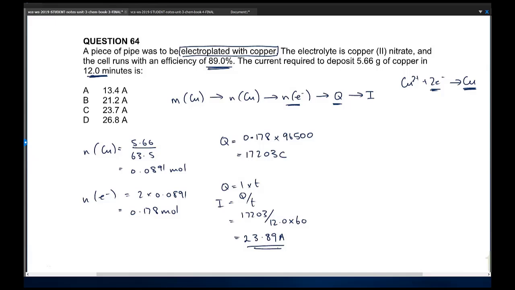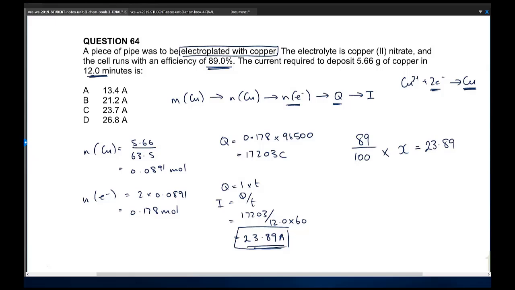Okay, so you have to think carefully. I already know what my end product is. I need the 5.66 grams of copper. But because it's less than 100% efficient, I'm going to need more than that amount of amps. The question you're trying to solve is actually this: 89% of what amount of amps will give me the 23.89 amps I need to get the 5.66 grams of copper?